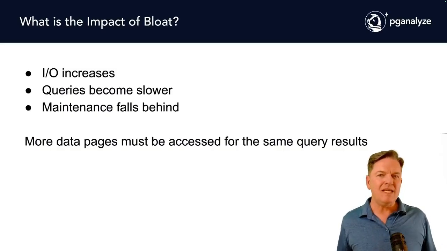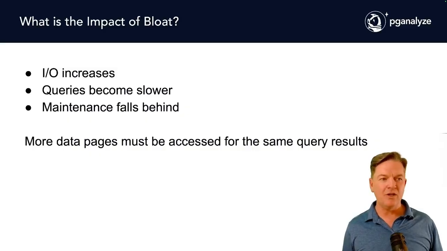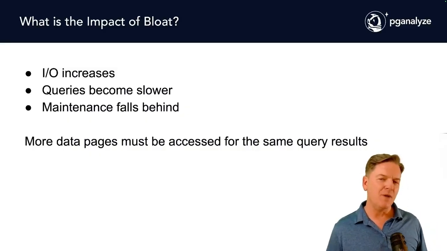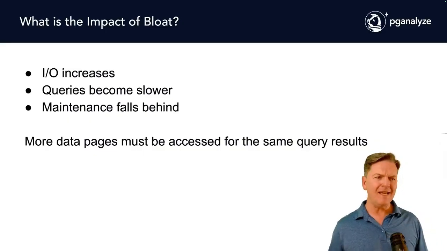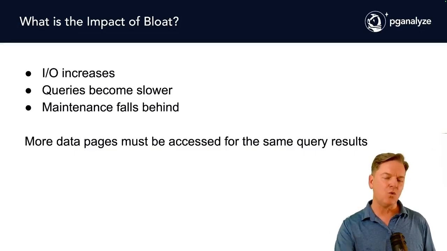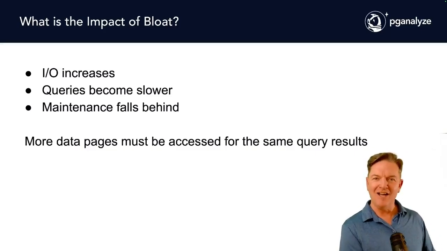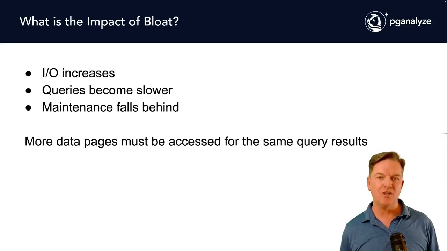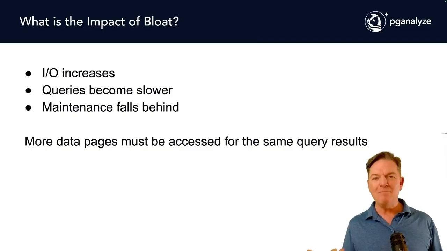Now, why do we really care, right? If we have the data and it's still satisfying our queries, what does it matter if we have a few extra pages? Well, one of the biggest reasons is that it increases I/O within our database. Again, if I have to go and look at more pages to satisfy the query that you've just given to Postgres, then that is more I/O work. And that often causes our queries to become slower over time, particularly as your tables grow, and maintenance often falls behind, right?